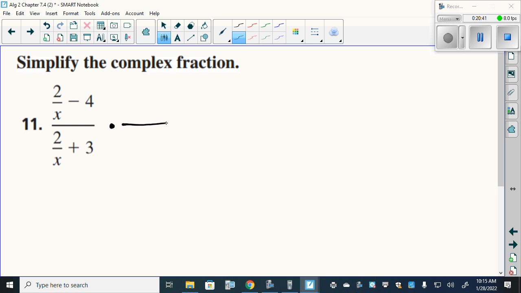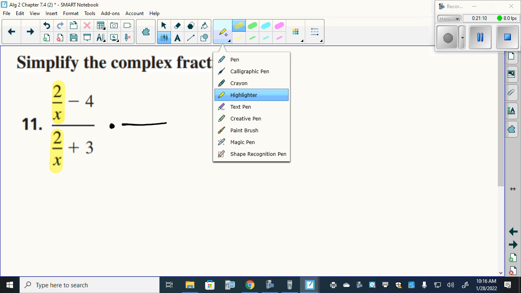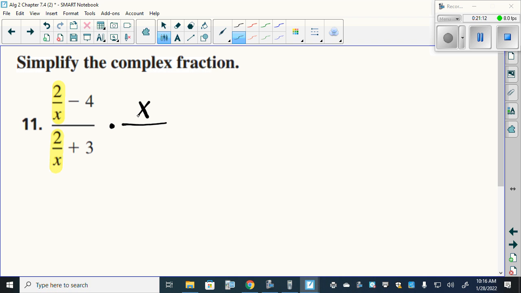What will we need to multiply the top and bottom of this one by? 2. Guys, if we look at this here, in the numerator and denominator, which ones have a denominator? Would be our 2 over x and 2 over x here. So if I want those to simplify, I need to multiply them by x.